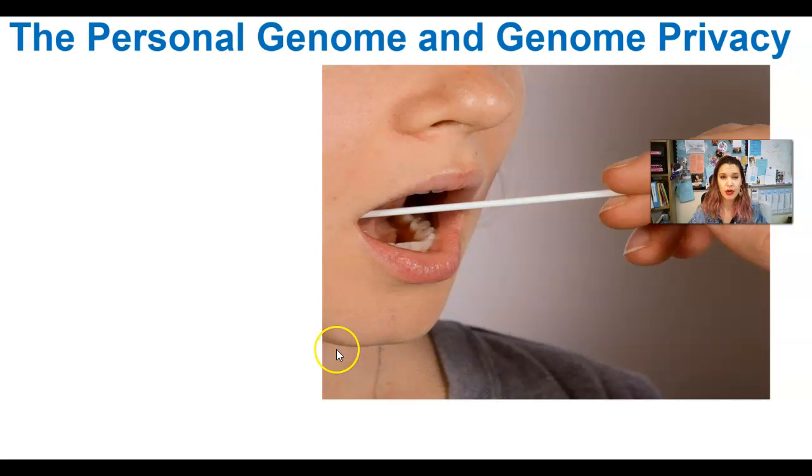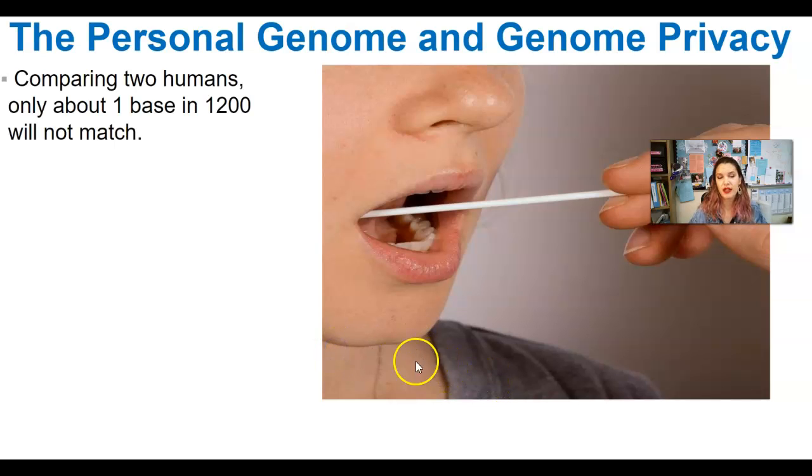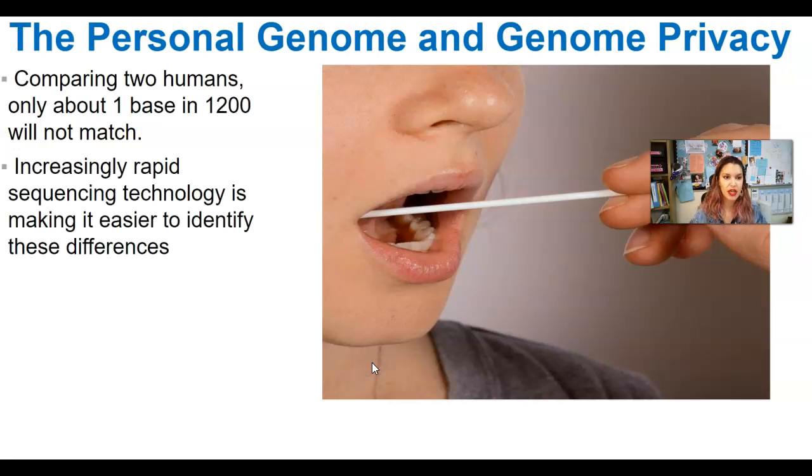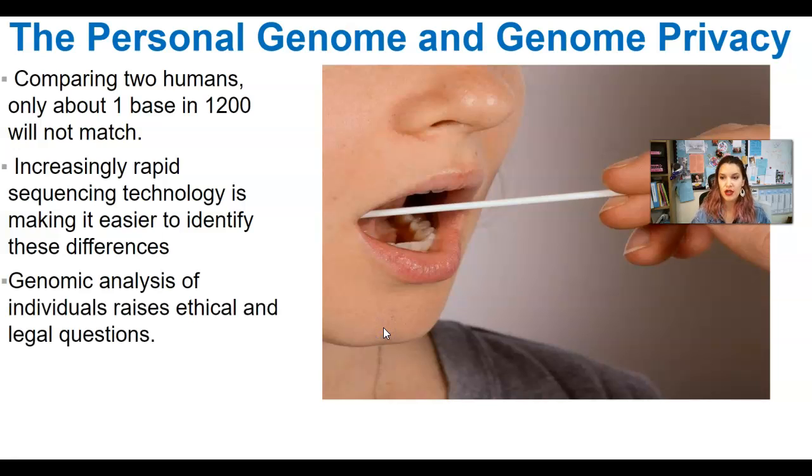All right, so the personal genome and genome privacy. Comparing two humans, only about one base in 1,200 will not match. We are very genetically similar. Increasingly rapid sequencing technology is making it easier to identify these differences, and that's when we discussed 23andMe and how you can find out your genetic ethnicities already, like pretty quickly, as well as ancestry and stuff like that.